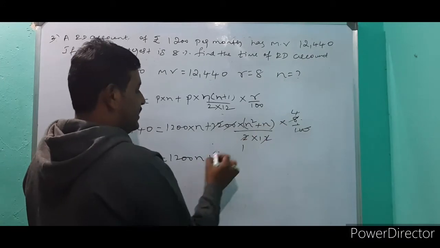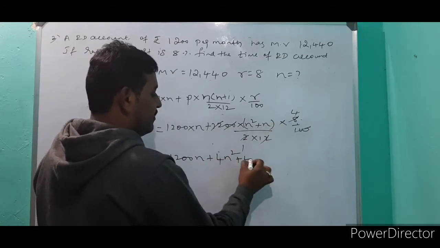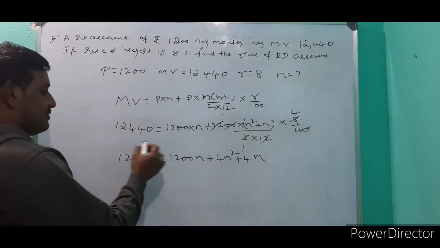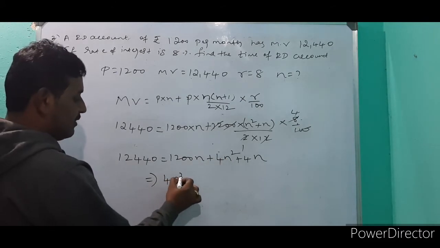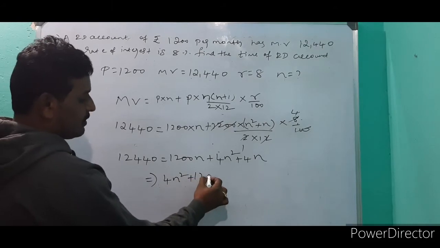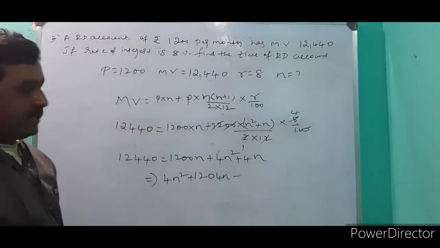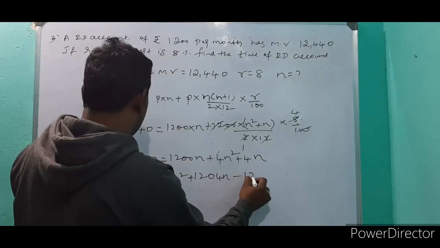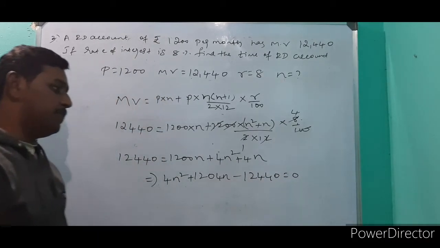Here 4 into N square, 4N square, plus 4 into N, 4N. So you can shift that side. That implies 4N square plus 1200N plus 4N, 1204N, minus. This plus sign you can shift to that side, LHS to RHS, means this will become 12,440 is equal to 0.